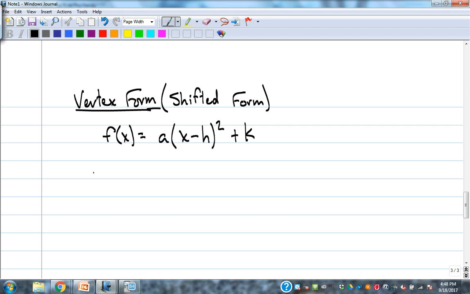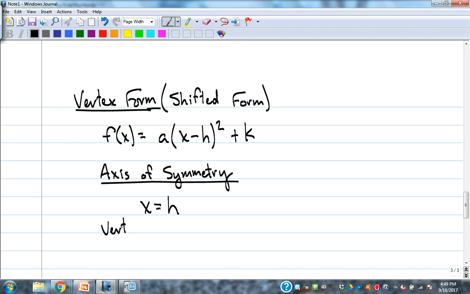What has changed is what you have to do to find the vertex, and technically the axis of symmetry. I should have just said axis of symmetry first, because that's what we did first a while ago. Axis of symmetry, x equals, and instead of having to do negative b over 2a, all we got to do is find out what h is. And that's the axis of symmetry.